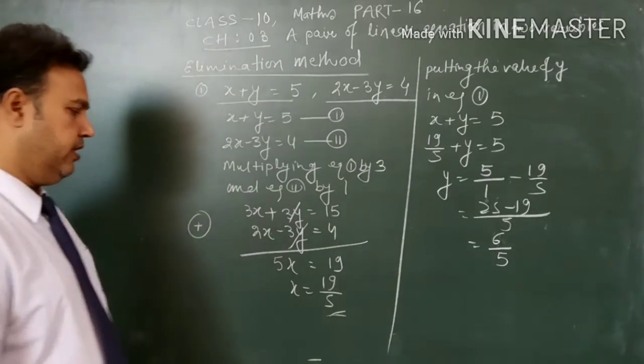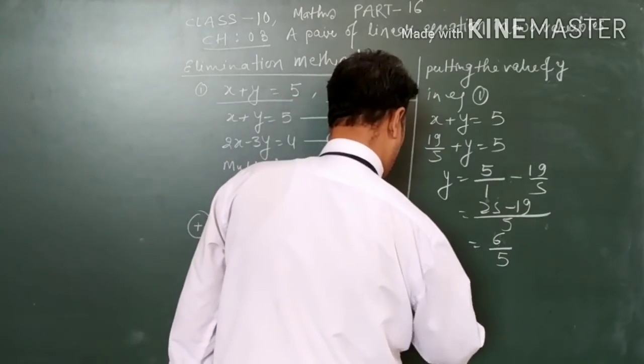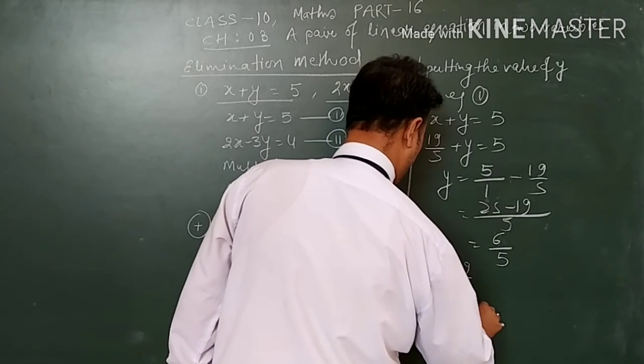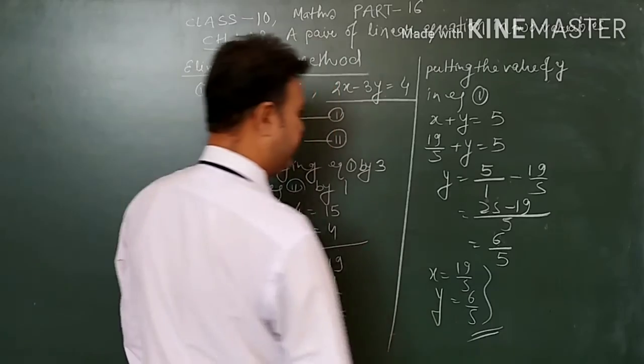This is the value of y. Therefore, x is equal to 19 upon 5, y is equal to 6 upon 5 is the answer.